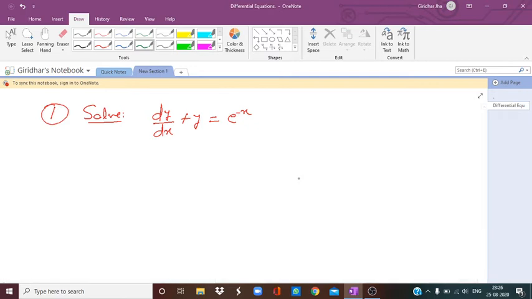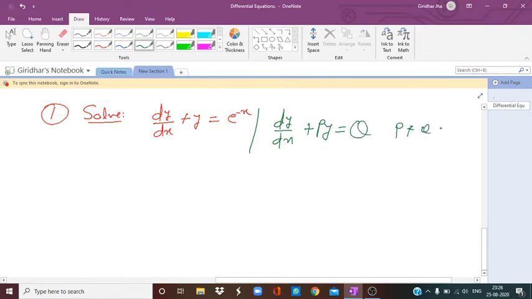So in this, this is dy by dx plus Py equals Q, where P and Q are functions of x, or constants.